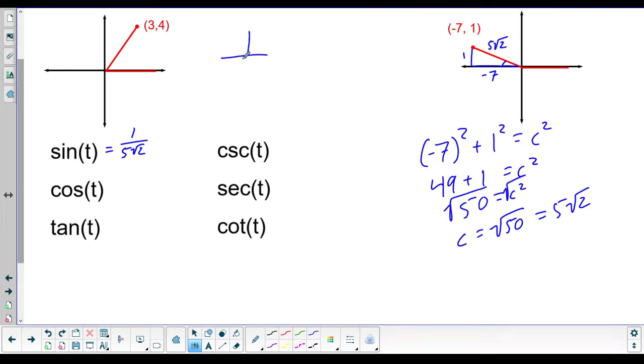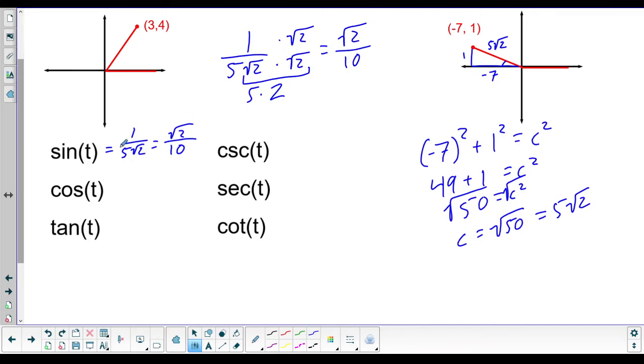So what we do to rationalize that is we multiply the top and the bottom by the radical. So on the top, 1 times radical 2 is radical 2. On the bottom, radical 2 times radical 2 is 2, and it's being multiplied to the 5 that's already there. So 5 times 2 is just 10. So we'd want to write this as radical 2 over 10 as opposed to 1 over 5 radical 2.